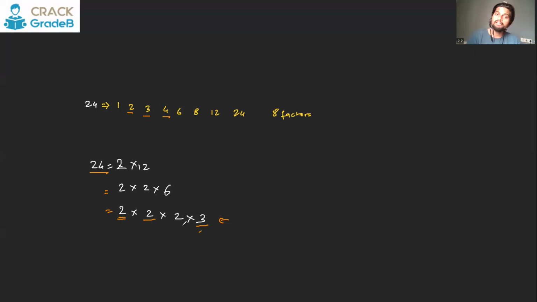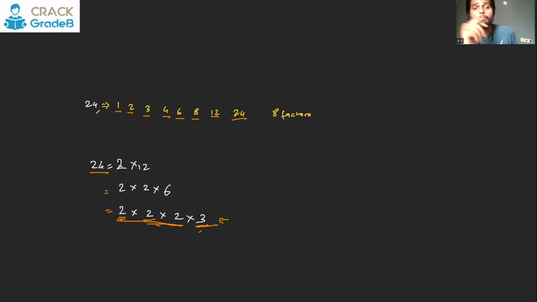If you pick one of the 3 and one of the twos, we'll have 3 into 2, 6. If you pick all 3 twos, we'll have 2 into 2 into 2, that is 8. If you pick 2 of the 2s and 1 of the 3s, 2 into 2, 4 into 3, 12. If you pick all 2, 2, 2 and 3, we'll have the factor 24. And if you pick nothing of it, what remains is 1. So 1 is again a factor.